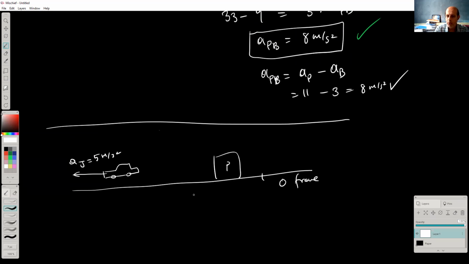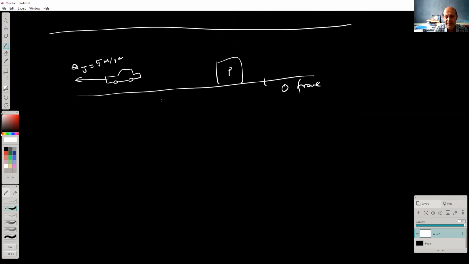Within the O frame, the Jaguar was accelerating towards left with an acceleration of 5 meters per second squared. In the Jaguar's reference frame, it appears that the Jaguar is not accelerating. Let's say the Jaguar is at rest.